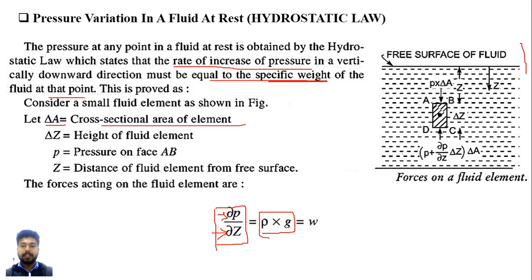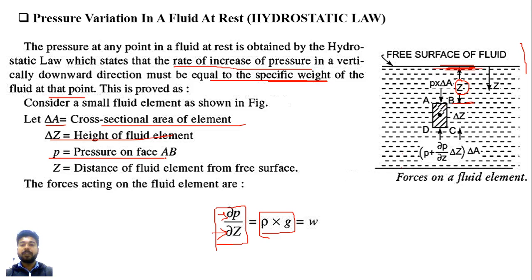Okay, there is a pressure acting on side AB, because we are going to find a pressure difference in a vertical direction. So let's consider a pressure P applied on side AB, which is acting at a distance of Z from the free surface of the liquid.